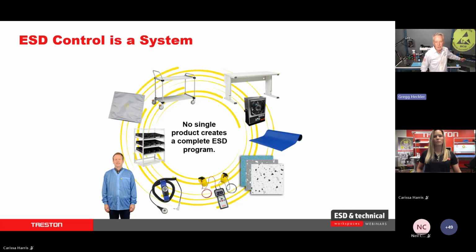It may be the cart over here, the mobile workstation. It could be packaging materials like the bin that your components are sitting in. There are all different kinds of components. There are tools. Not only is the tool conductive, but the grips are static dissipative. There's your chemical dispenser. So there's a whole bunch to think about when it comes to a system for static control.